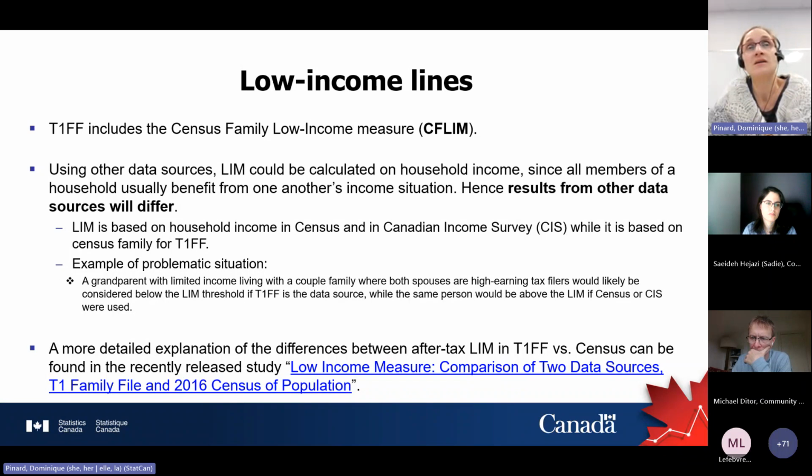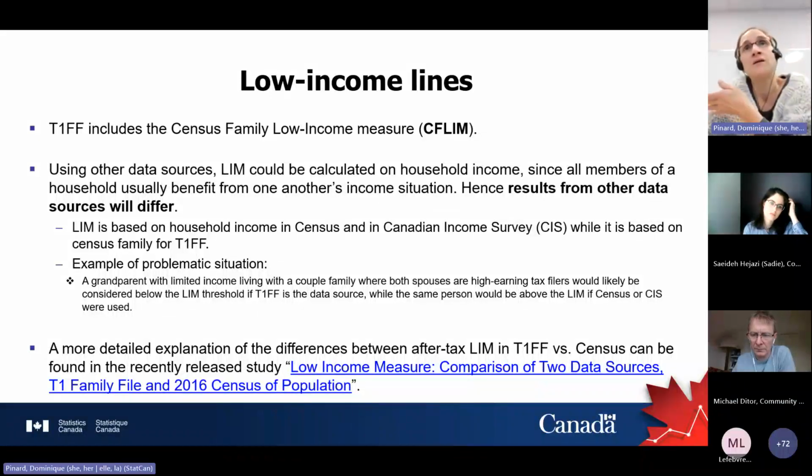Here is an example of a problematic situation. Grandparent Joe has limited income, he's retired, he might be on old age security, and he lives with his daughter-in-law and his son, who are wealthy, high-earning tax filers with no kids. On the TIF, Joe would be a family unit on his own, and would likely be in low income because he has limited income.